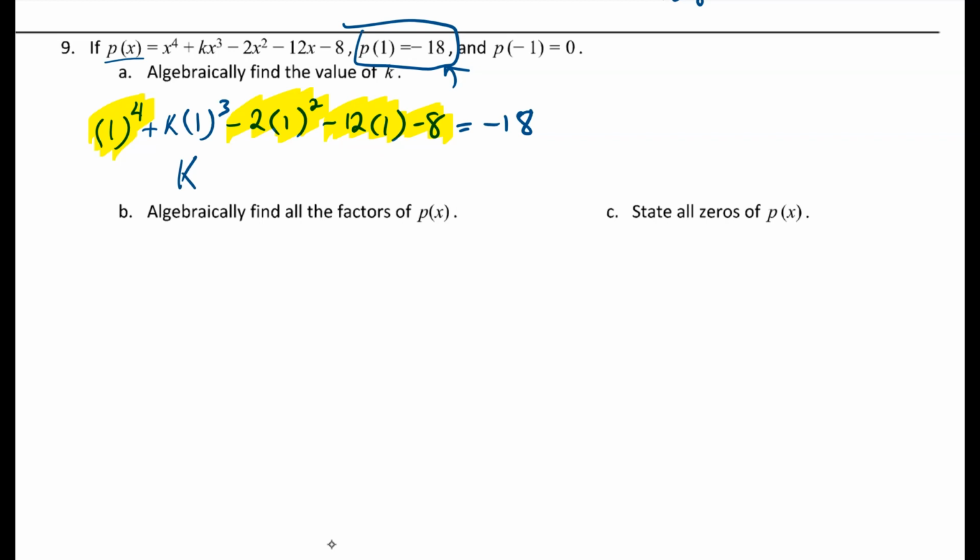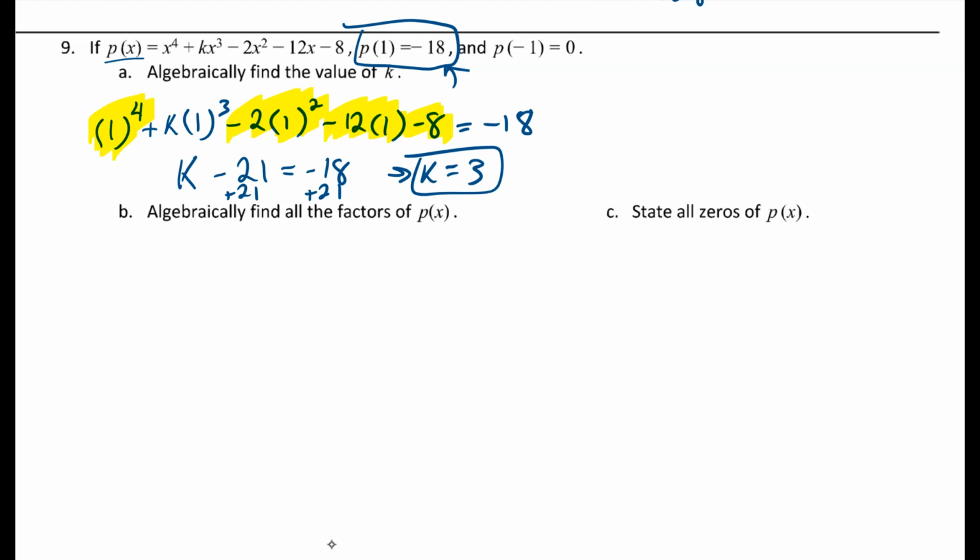And notice I didn't type in the k term because I know that's a variable and that's what I'm looking for. So I just typed in everything else. Is minus 21 equals negative 18. And when I add 21 to both sides, I get k equals 3. And you would get the exact same result if you plugged in negative 1. It's just that sometimes when we plug in negative numbers, a lot more can go wrong.